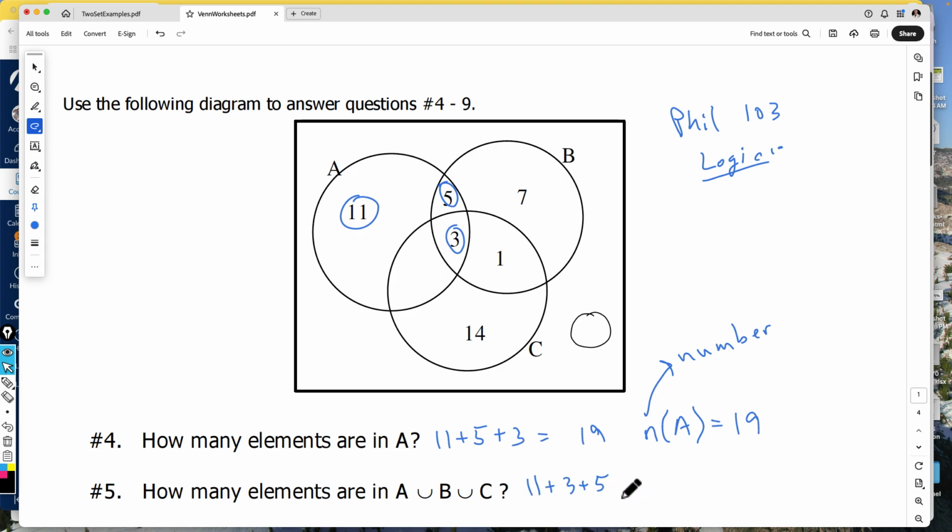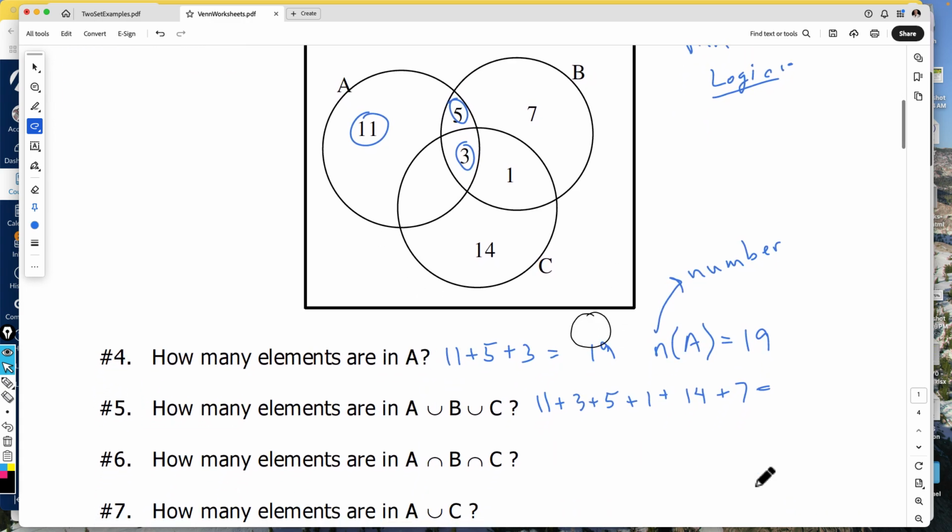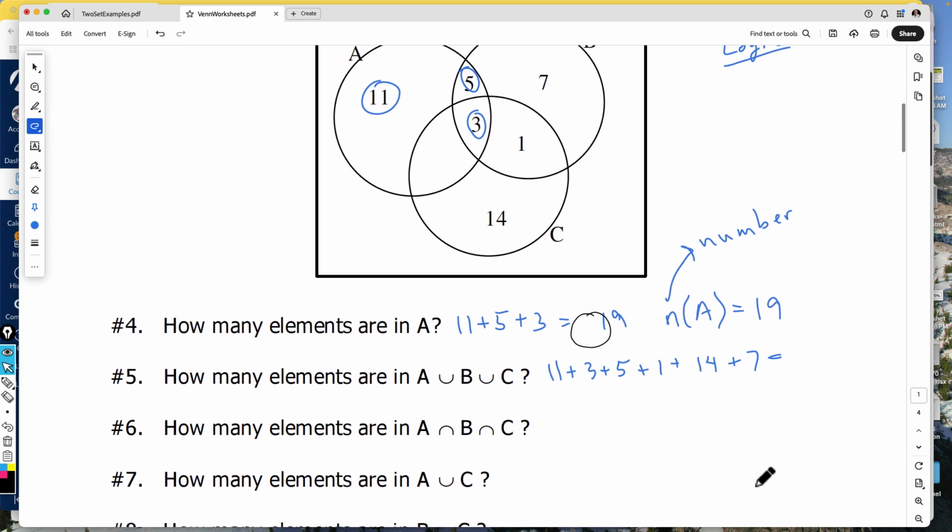It doesn't matter the order you go in, just make sure you get them all, and make sure you don't count any of them twice. This 5 is in both A and B, but that doesn't mean we use it twice. It's still only 5 items, but they have two characteristics. Just add them all together and you'll get the answer there.